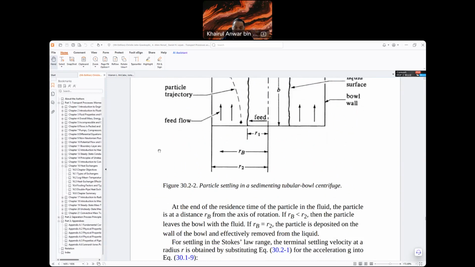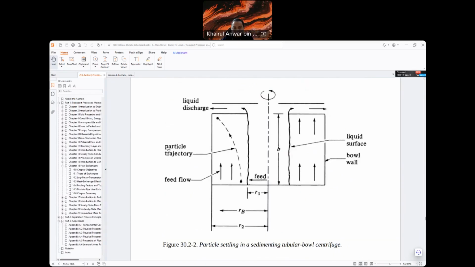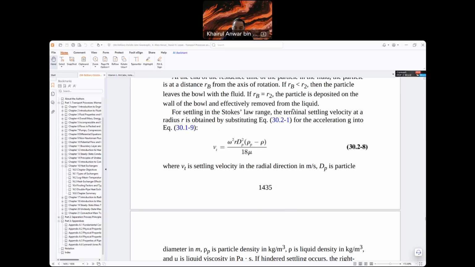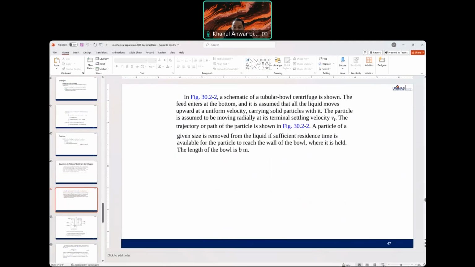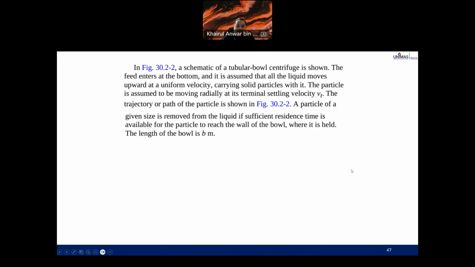Figure 30.2-2, page 1435. So the feed enters at the bottom.